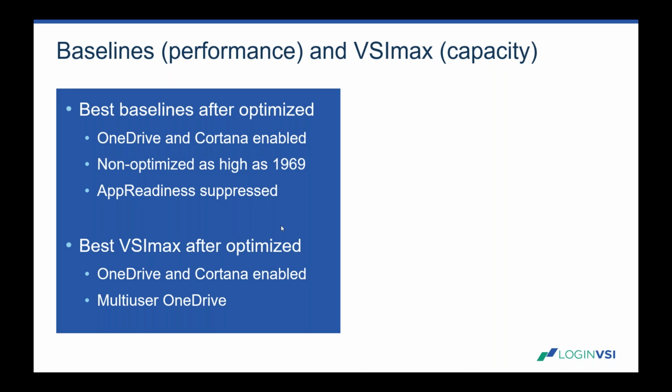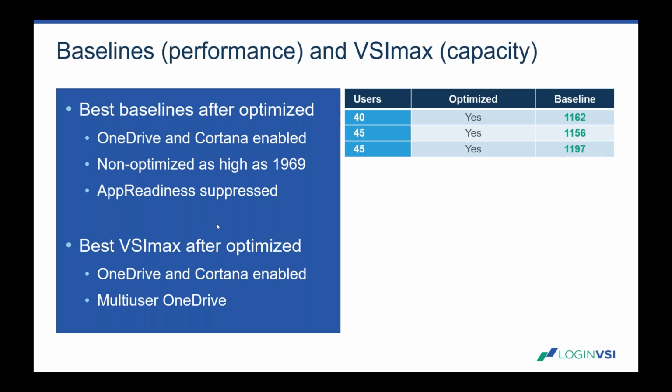We suppress that to keep down the CPU utilization. The best VSImax also came after it was optimized, and we made sure that multi-user OneDrive was enabled. It's basically turning OneDrive into a per-machine instance versus a per-user one. That also cuts down on some of the CPU.